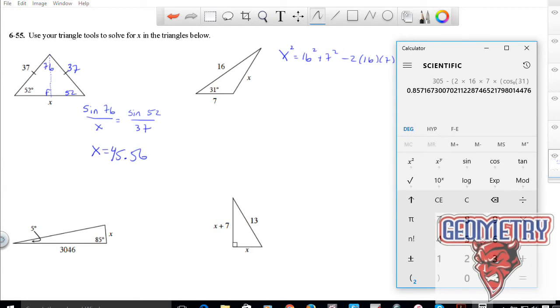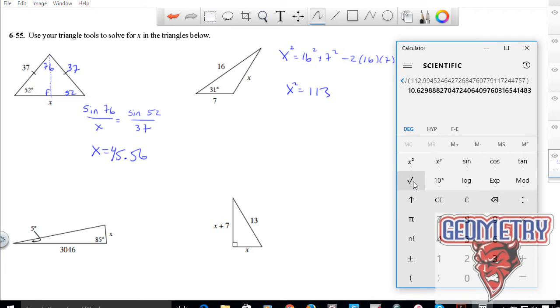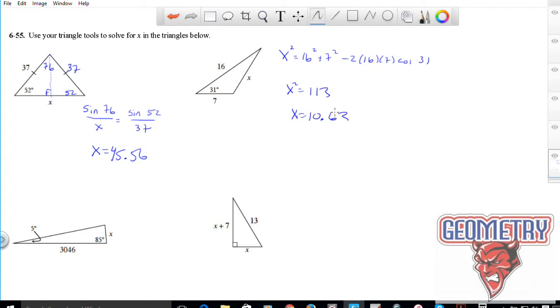So the cosine of 31, close that parentheses, close the final parentheses, to give us 112.99. That is x squared. So it's like 113, right? Take the square root of that to get what x is by itself, so somewhere around 10.63. Okay, which seems reasonable. Right.